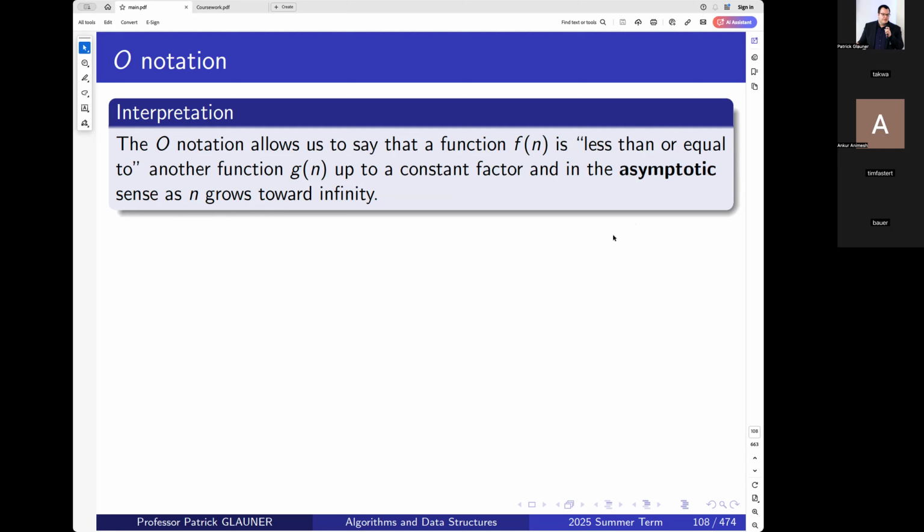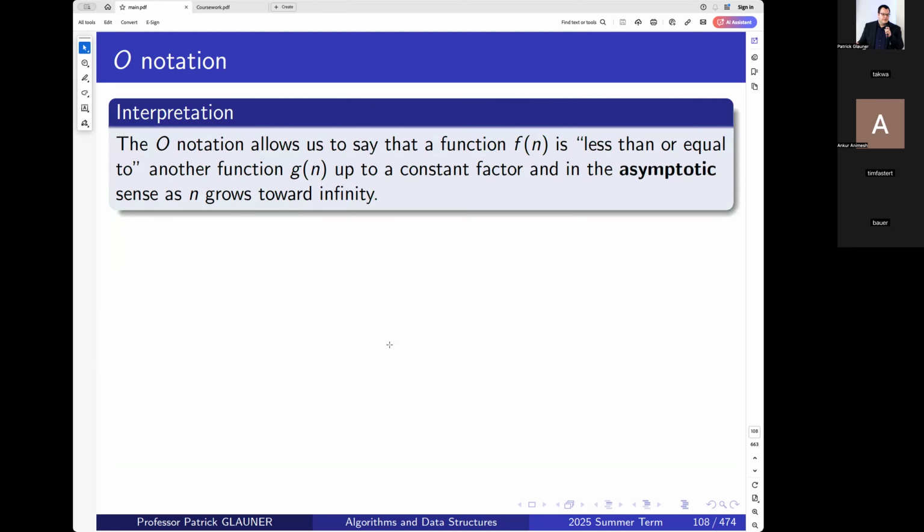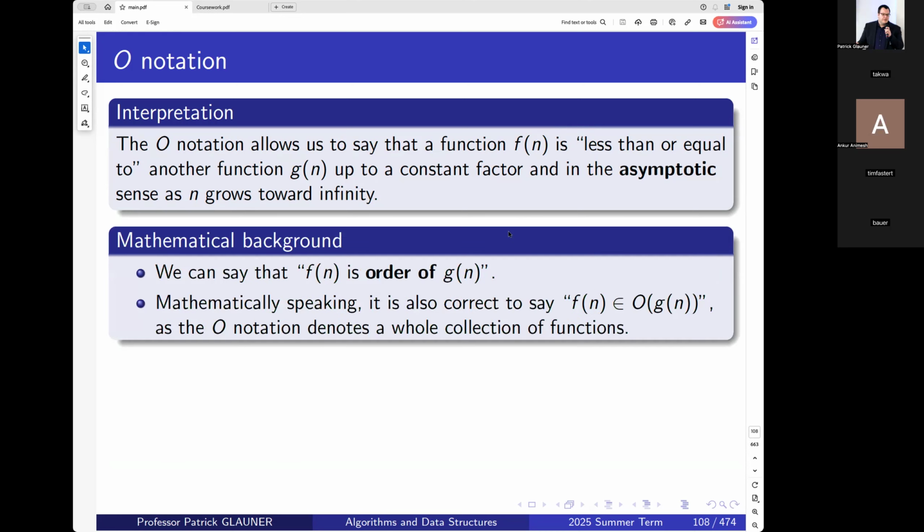That relation may not hold true, as we saw here. For very small n's, the relation does not hold true, but for large n's, yes, the ones starting from the threshold. And that's why this g of n is also sometimes called an asymptotic upper limit or asymptotic boundary of f of n, because it constrains f of n for large values.